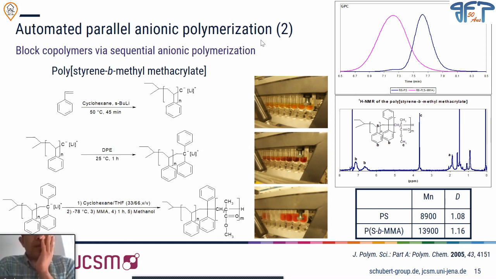So basically, the first step of the reaction was to build a block of polystyrene with cyclohexane, at 50 degrees, 45 minutes, you have 100% conversion of the monomer, and all the polymer chains are living. So basically, you can add a second monomer and grow a block copolymer. That was somehow a normal step, but then you have to cap it with something called diphenylethylene to lower the reactivity of the anion and be able to incorporate the second block, in this case MMA.